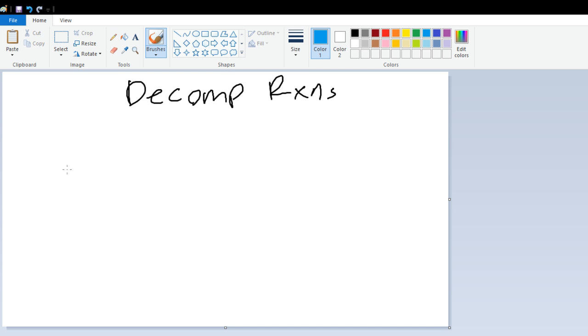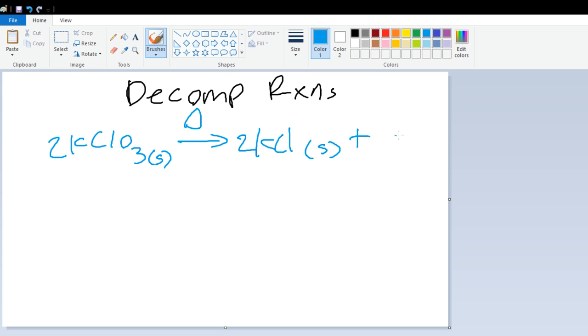Now, the last decomposition reaction we're going to go over is the metal chlorate. The metal chlorate into a metal chloride and oxygen gas again.